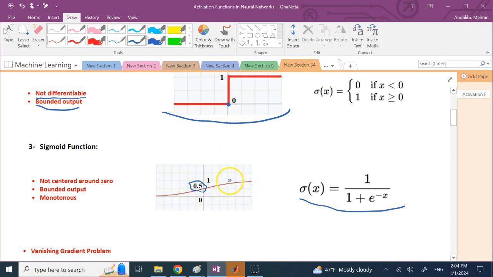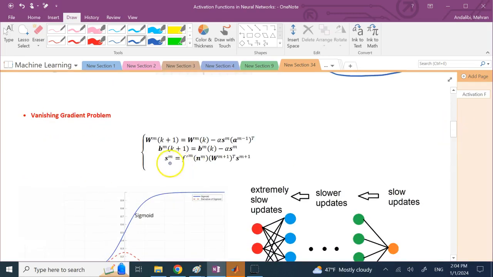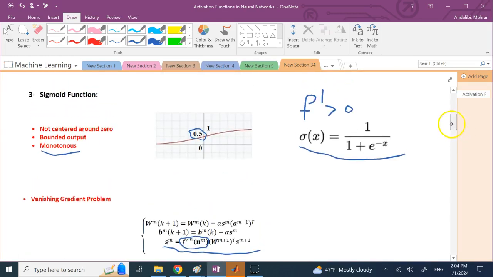Another good thing about it is it's monotonous. So it's monotonically increasing, so the derivative of this function is always positive. And that's another thing: in these relations, sometimes we really care about this function being monotonically increasing, because that's the way the neurons in our brain work.